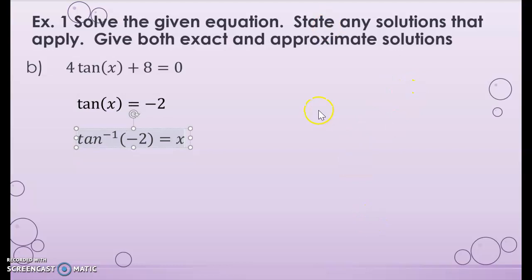Perfect. Okay, there's my exact answer. I'm also going to need a calculator for this. So we're going to put this into your calculator. Again, make sure you're in the right mode. You're not doing degrees. You're doing radians.